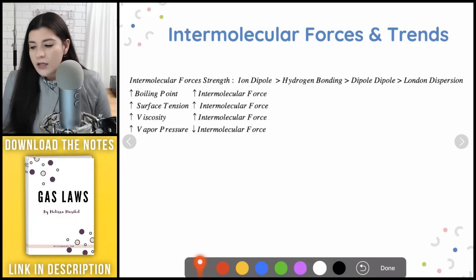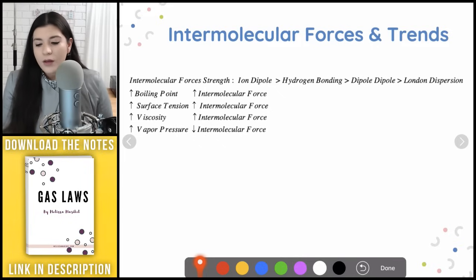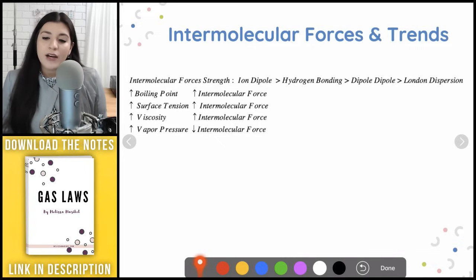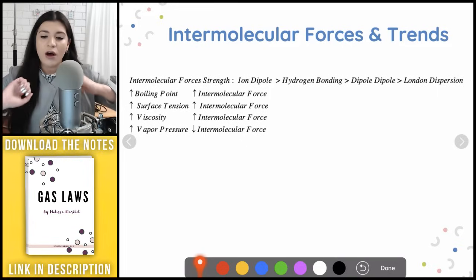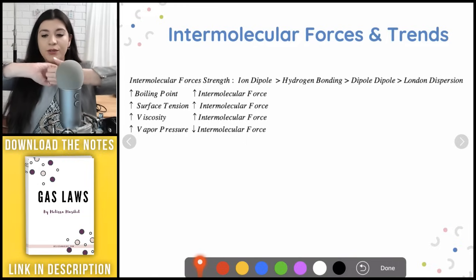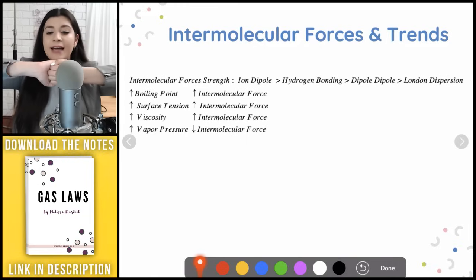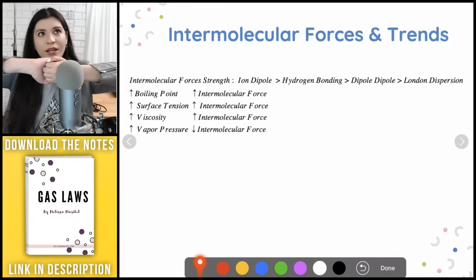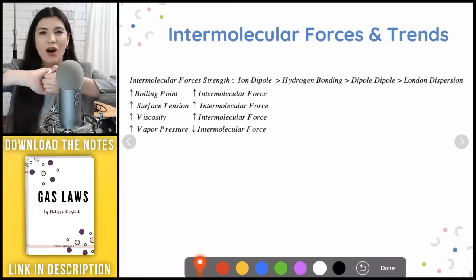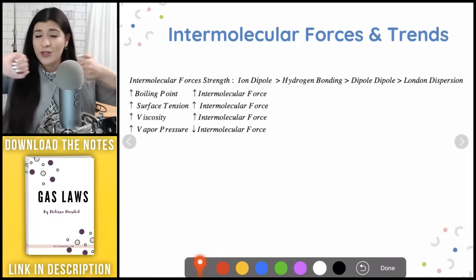And I want you to think of it this way. Intermolecular forces are essentially talking about the strength between two molecules. Let's say my hands are the two molecules, and they're going to join forces and connect. Now, the boiling point is essentially saying this: if this force is strong enough, it's going to take a higher boiling point, meaning it's going to take a lot more heat to break and separate these two molecules.